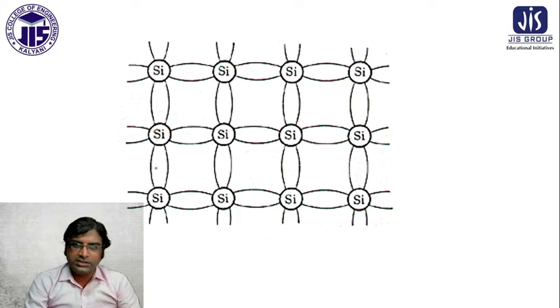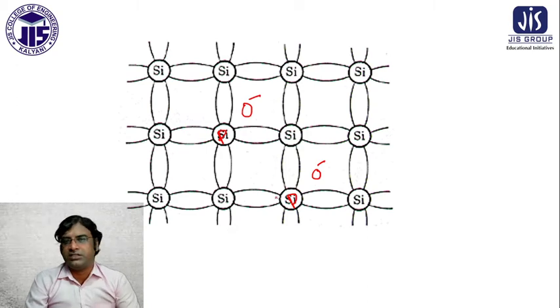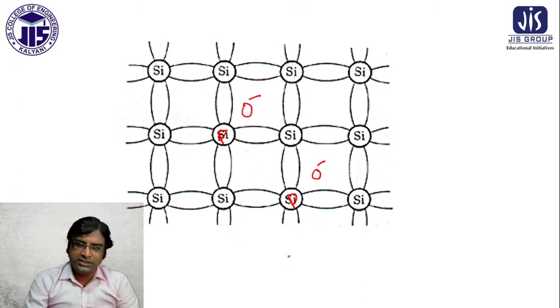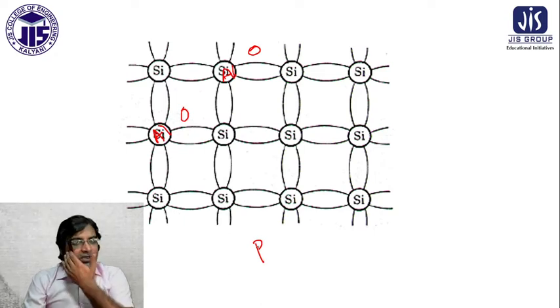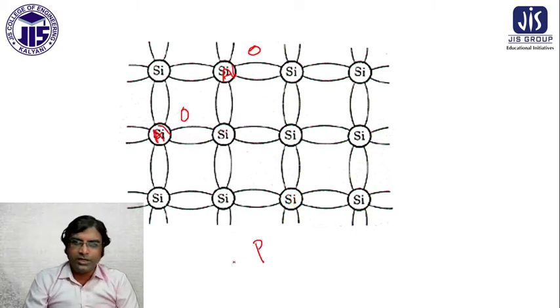In the next case, this is phosphorus, and one electron and another electron are generated. Two electrons are generated. Okay, so this becomes an N type, and this becomes a P type. P type and N type.